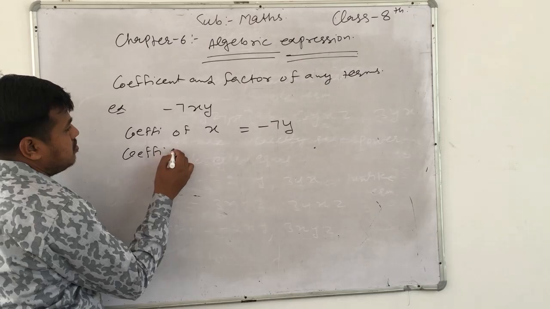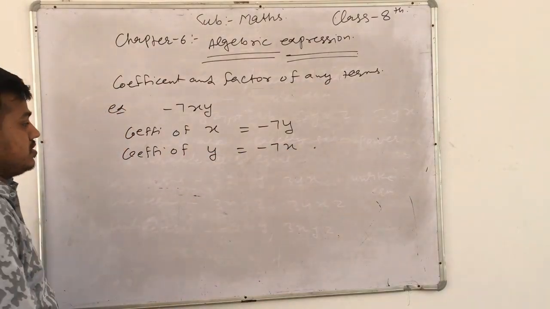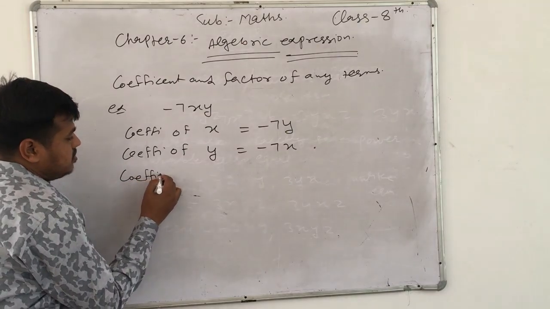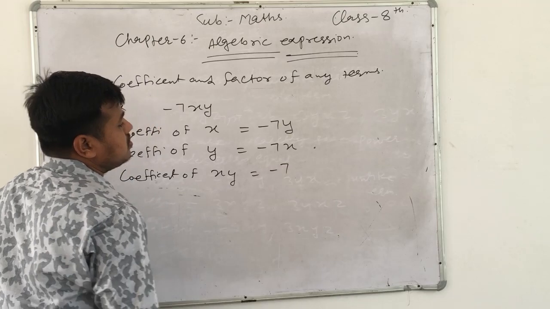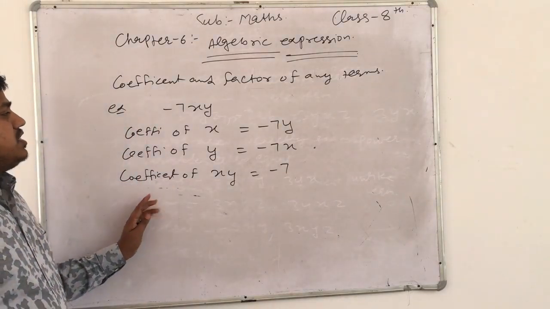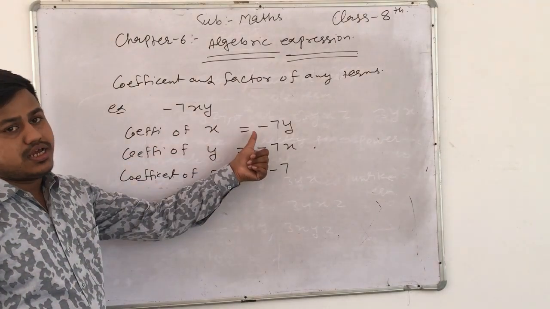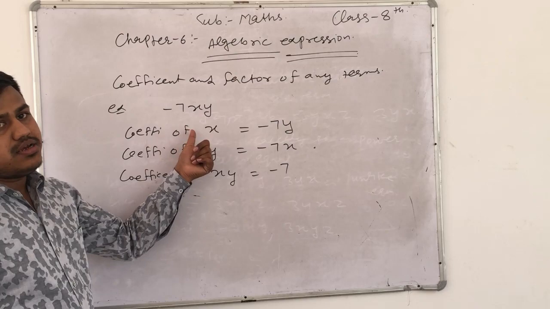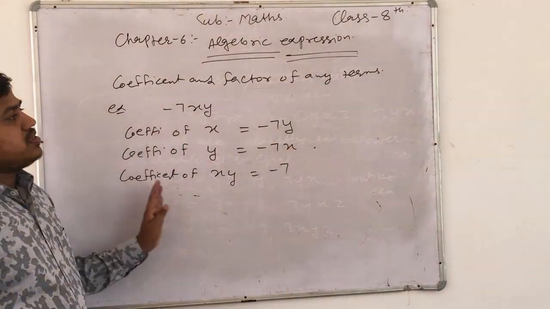Coefficient of y, we can say minus 7x. Coefficient of xy is minus 7. So here we define the coefficient. Coefficient of x means the digit remaining after x, which is minus 7y. So here is the coefficient.